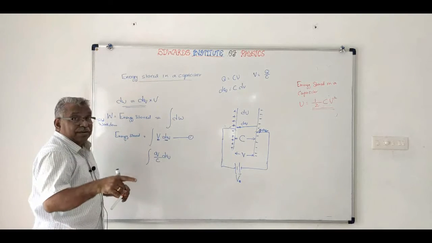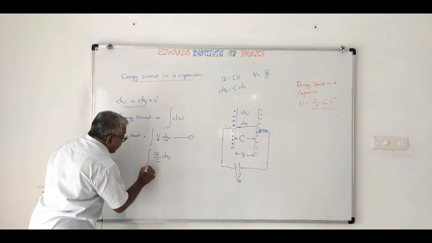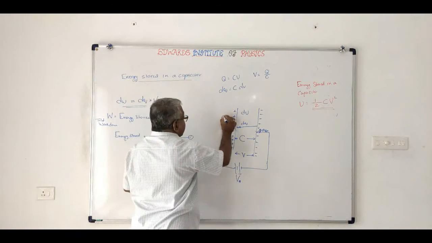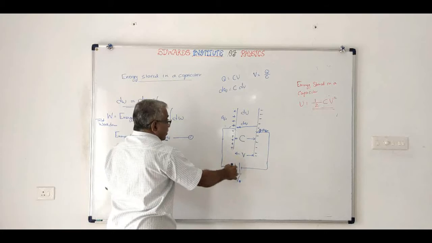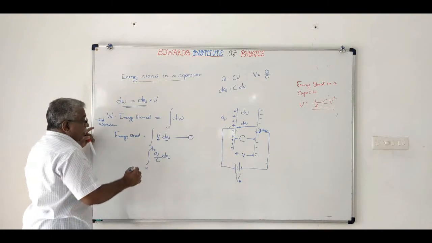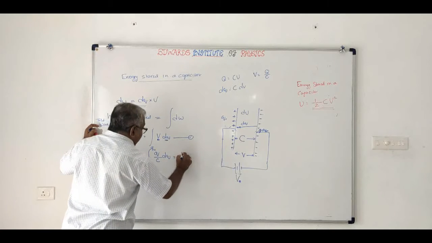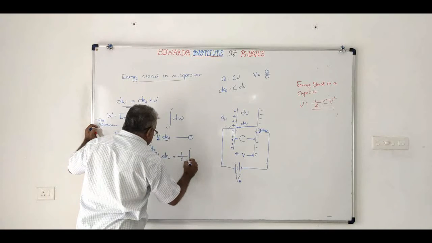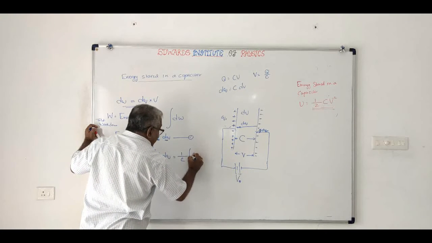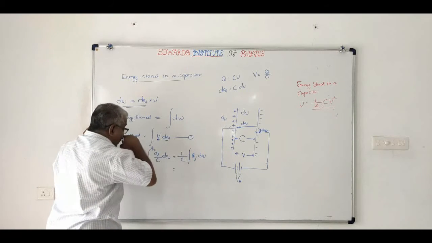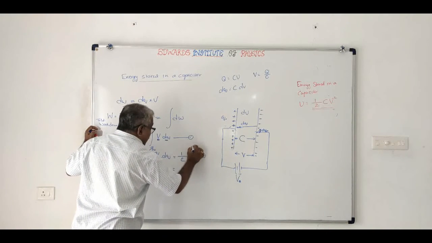Then the limit will be 0 to Q0. Q0 is the maximum charge given by this battery. So you can write like this also. This will be equal to 1 by C into, C is a constant that I am taking outside, Q dq, from 0 to Q0.